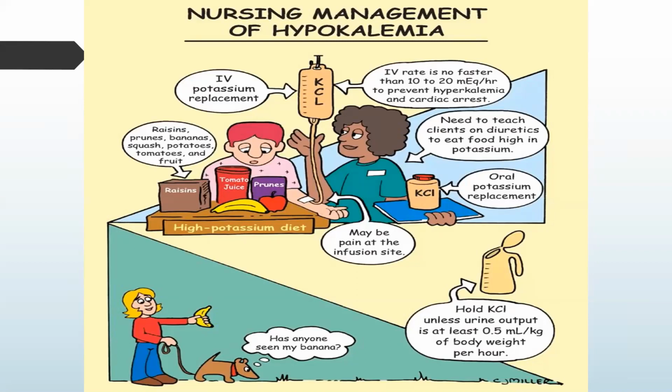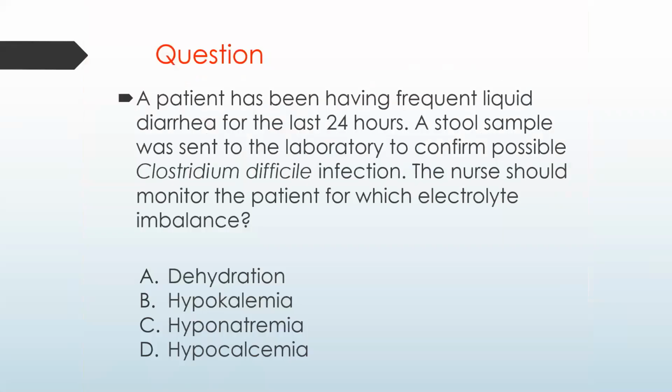The preferred maximum concentration is 40 milliequivalents per liter. However, stronger concentrations may be given for severe hypokalemia, up to 80 milliequivalents per liter, with continuous cardiac monitoring being necessary. Patients should have cardiac monitoring to detect cardiac changes related to potassium imbalances.